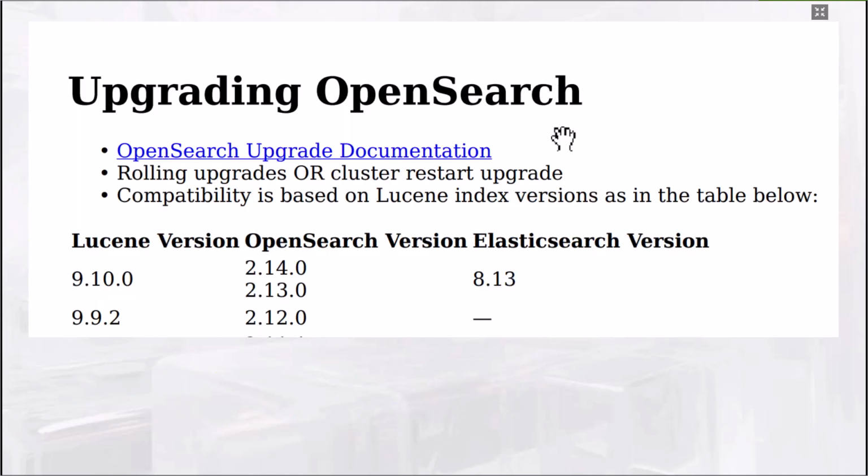Okay, let's talk quickly about upgrading OpenSearch. There is a map that you would have to follow as you upgrade OpenSearch. There are rolling upgrades and there are restart upgrades. Compatibility is based on the Lucene index versions, and the table is demonstrated there.